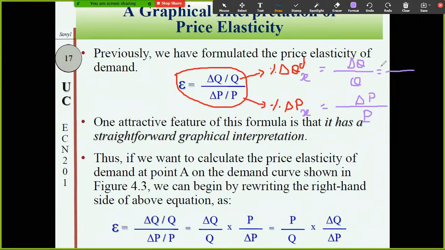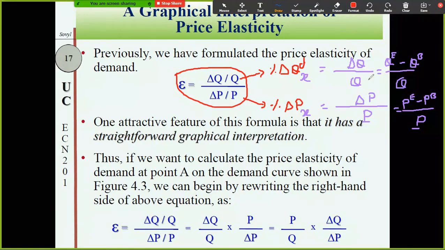Change means quantity demanded ending minus quantity demanded beginning, divided by Q. Same thing, change in price is price ending minus price beginning, divided by price.